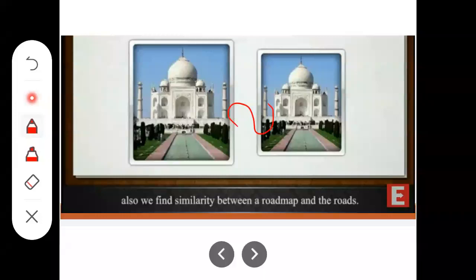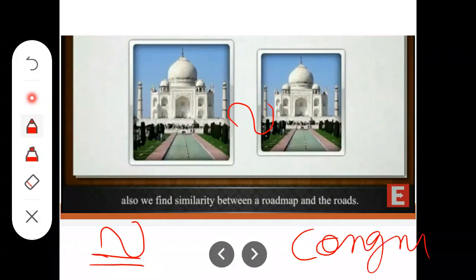If the sizes are equal, just add an equal symbol, that is congruent. So congruent means of same size, same shape. And similar means only looking same, sizes are different. That is the difference between similarity and congruency.